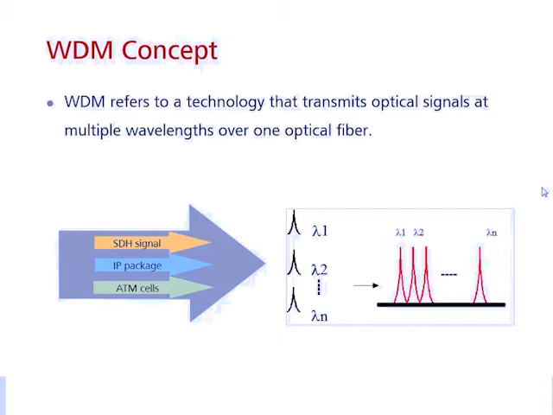They will never affect each other in the physical layer, right? Those wavelengths can be used to carry a lot of different customer services, can be SDH signals, can be IP packets, can be ATM cells. So we also have other customer services that can be carried by the WDM network. Okay, so the WDM network is very good, right?